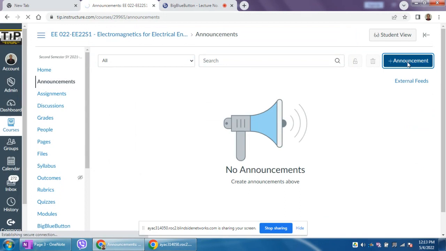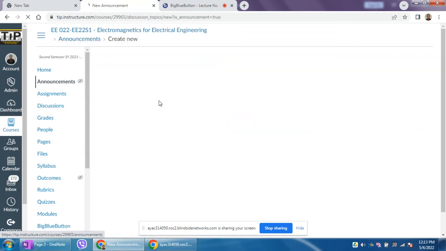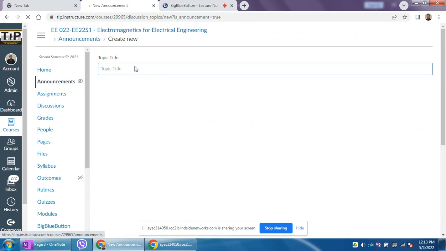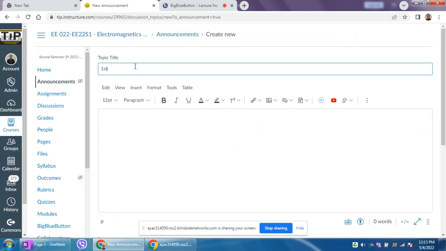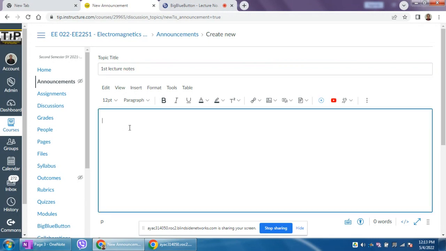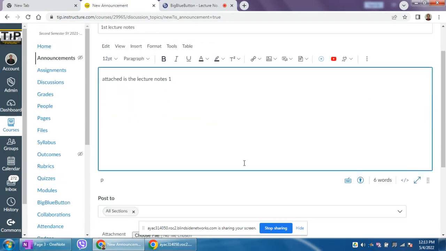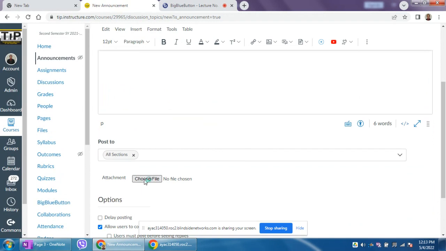Okay, so dito ko po ilalagay yung notes na ginamit ko ngayon. Lagay ko po sa announcement. First lecture. Lecture notes 1 na lang po ilagay ko. Tapos, choose a file.